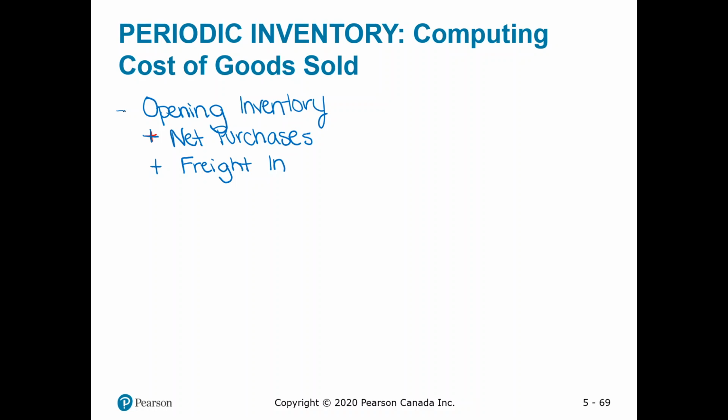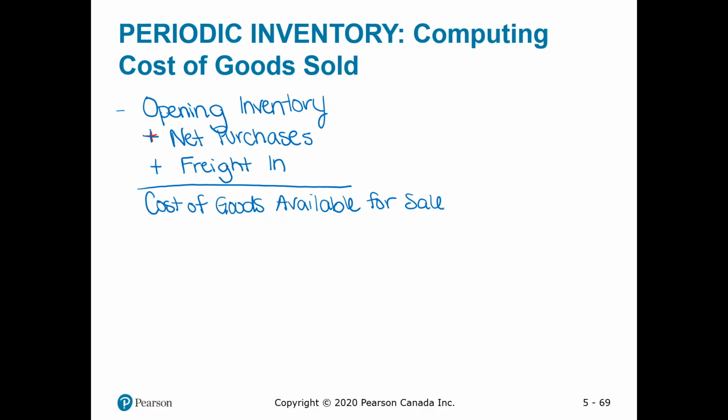So our net purchases plus our freight in. This gives us what's called the cost of goods available for sale. So just thinking about this in non-accounting terms, here's what you had, here's what you bought during the year. That's everything that you had available for you to sell.